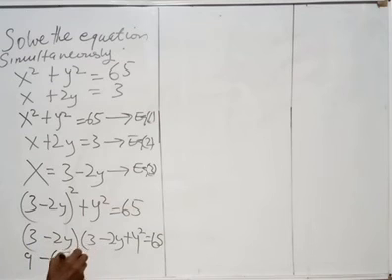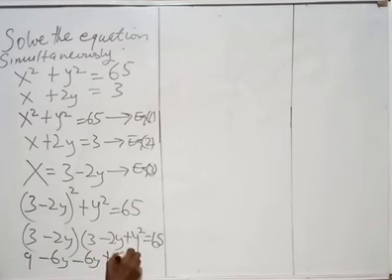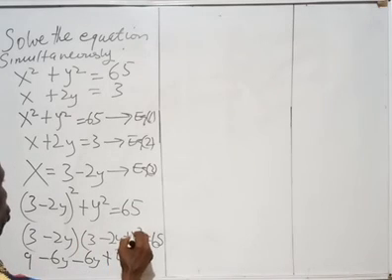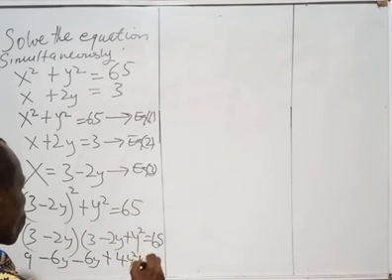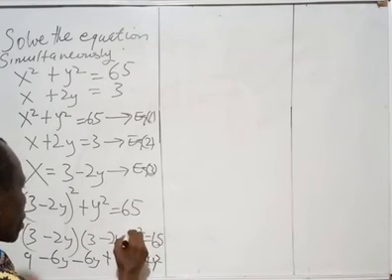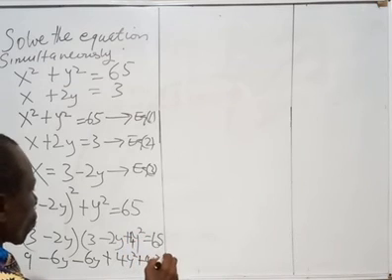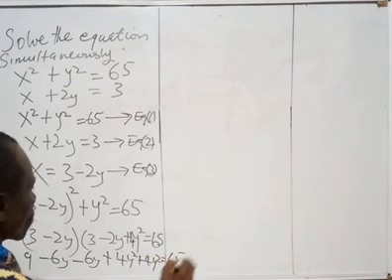Minus 2y times 3 gives me minus 6y. And minus 2y times minus 2y gives me plus 4y squared. Then plus y squared, so 4y squared plus y squared equals 65.